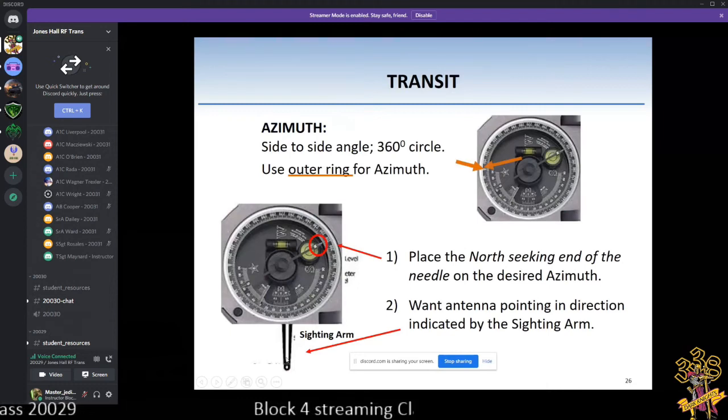Then this is your sighting arm. That's the direction you'll point your antenna. And that little circle bubble just lets you know you're holding the transit level so that the needle can freely move. And your degrees are out here on this outer ring, 360 degrees.